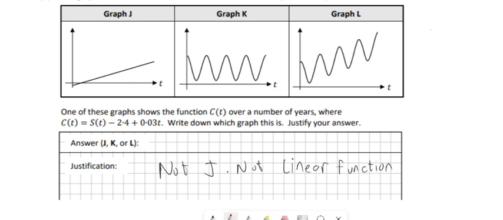What you have to see in here is that if I was to sub a value in for t, just say I subbed 1 in for t, and then 2, and 3, and 4, and so on, you have to see that it's going to keep getting bigger and higher and higher. If you think about graph K, the value is never really going to go up past those points there.